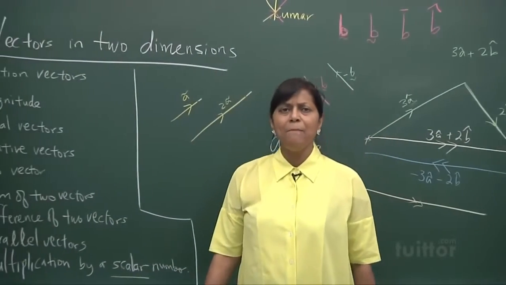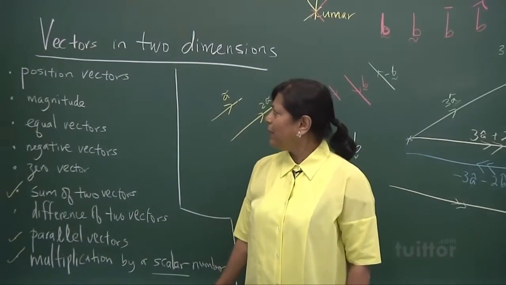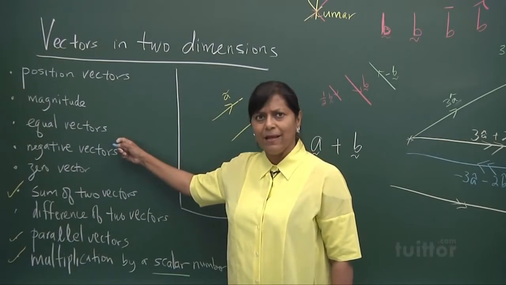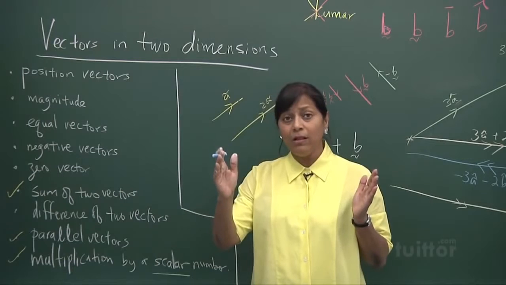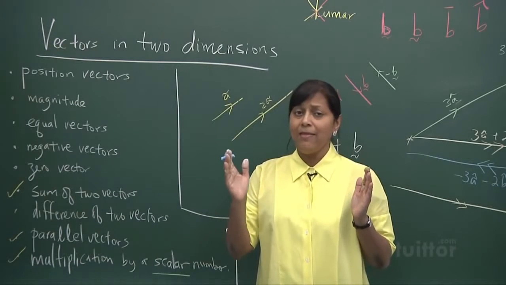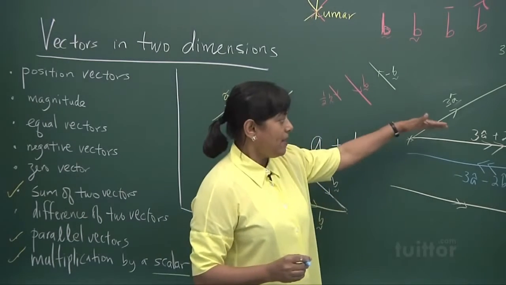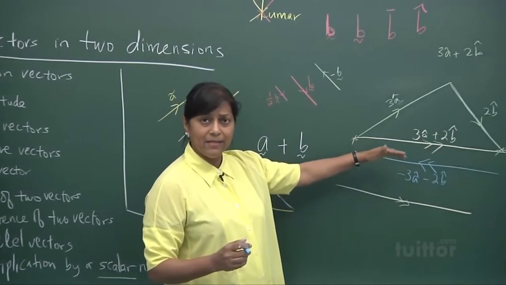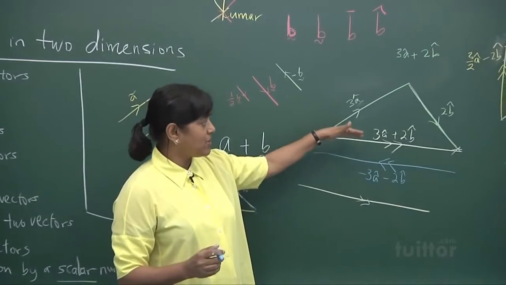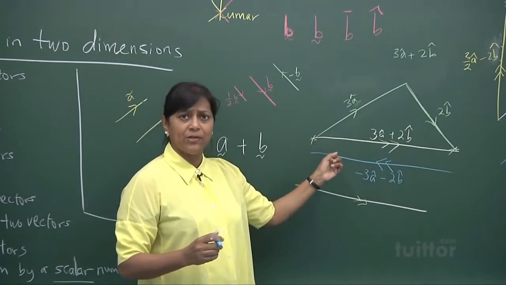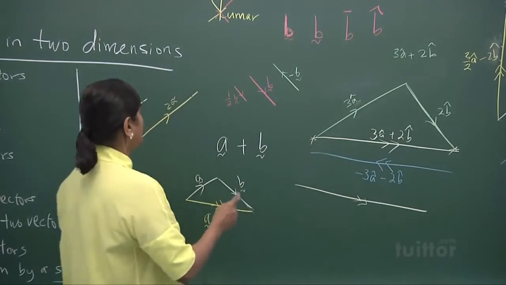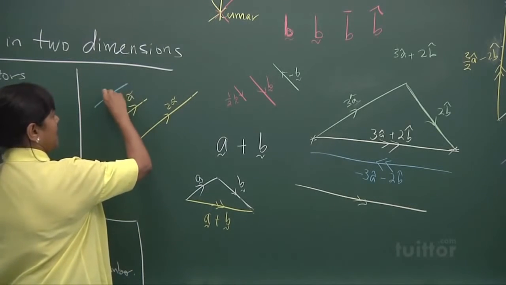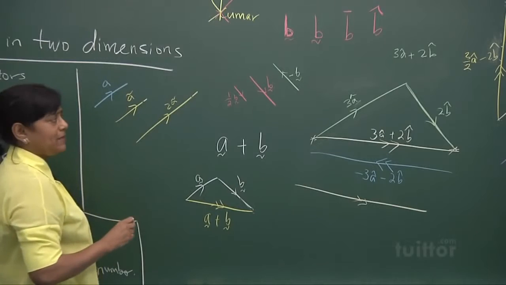Now, do not get intimidated by vectors. Now we're going to learn about magnitude of vectors, and we're going to come to position vectors. But when we talk about equal vectors, they mean that they're equal in magnitude and they have the same direction. Like these vectors are equal vectors. They have the directions about there, but just in opposite direction. Alright? But if you look at this, these are not equal. But if I have another A, this is an equal vector.